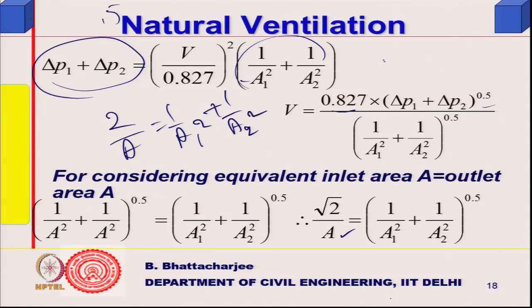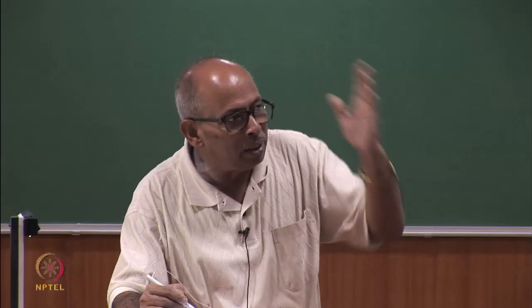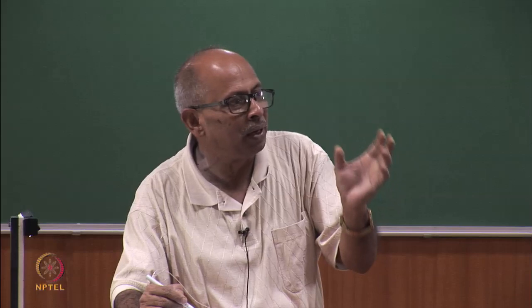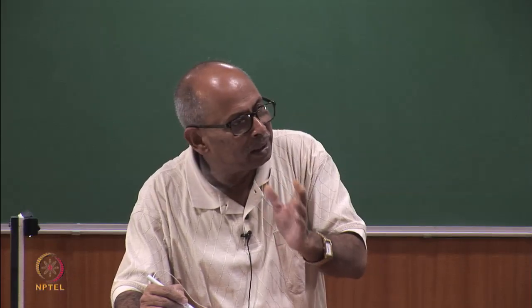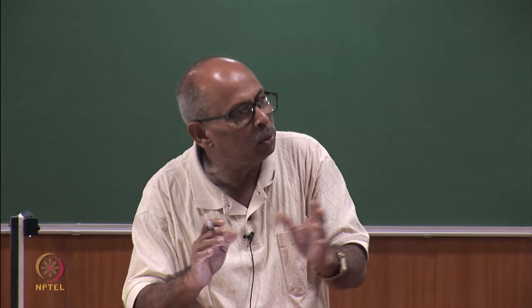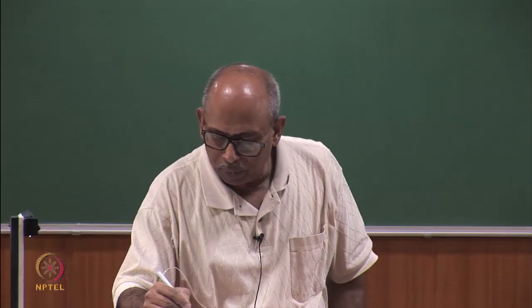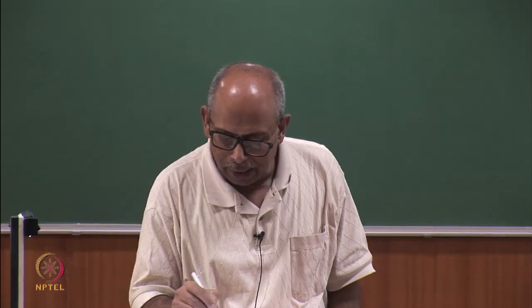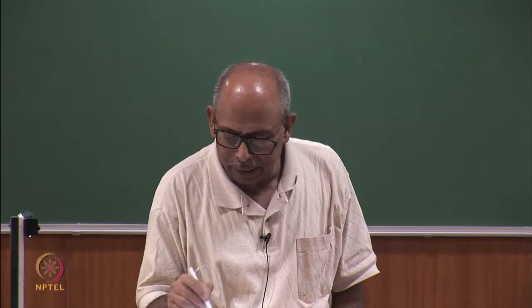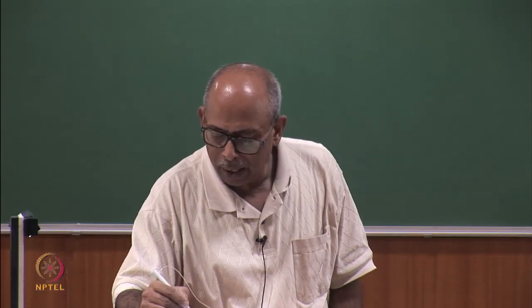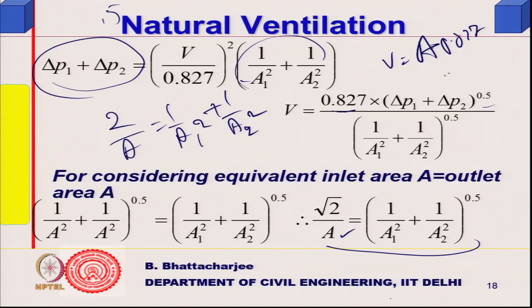So, V can be written in terms of the total pressure difference existing between outside on the windward side, the sum of the pressure differences, windward side minus the inside, to the power 0.5, into the equivalent area A. So, V is equal to A, 0.827 anyway remains, and (delta P1 plus delta P2) to the power 0.5.